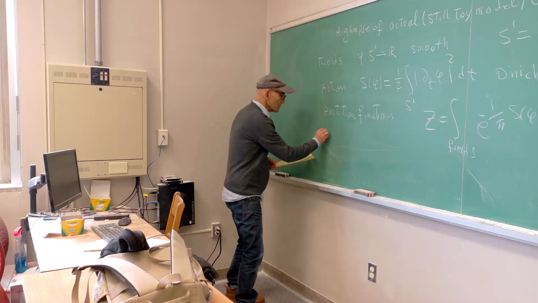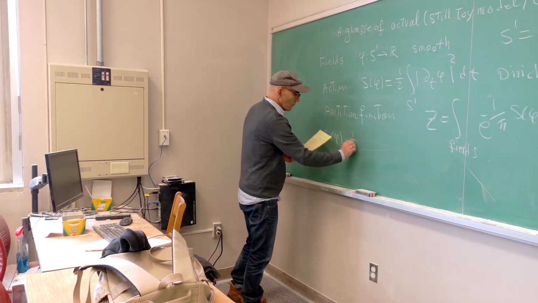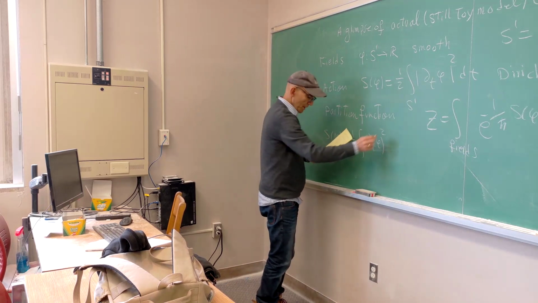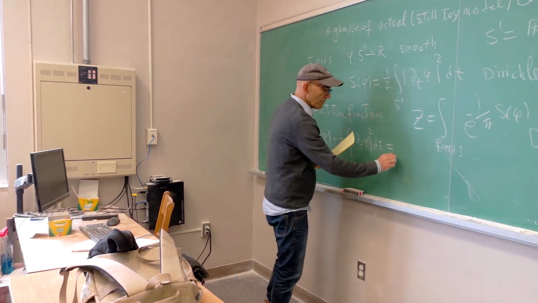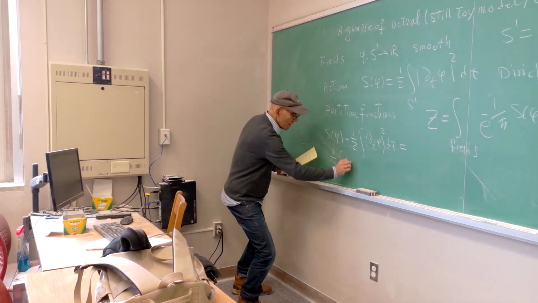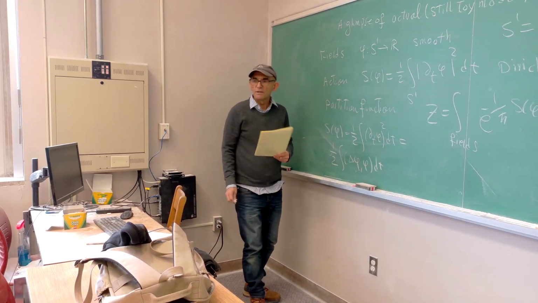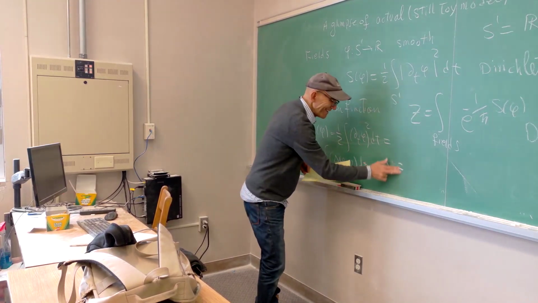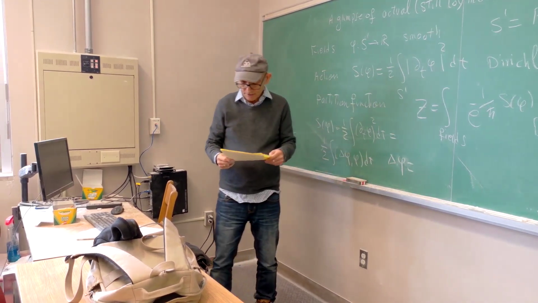So if you just write S of phi, which is equal to 1/2 integral of derivative of phi squared dt, this is actually equal to 1/2 integral of Laplacian of phi times phi dt, where the Laplacian of phi is, now I have to see if I mean positive or negative.